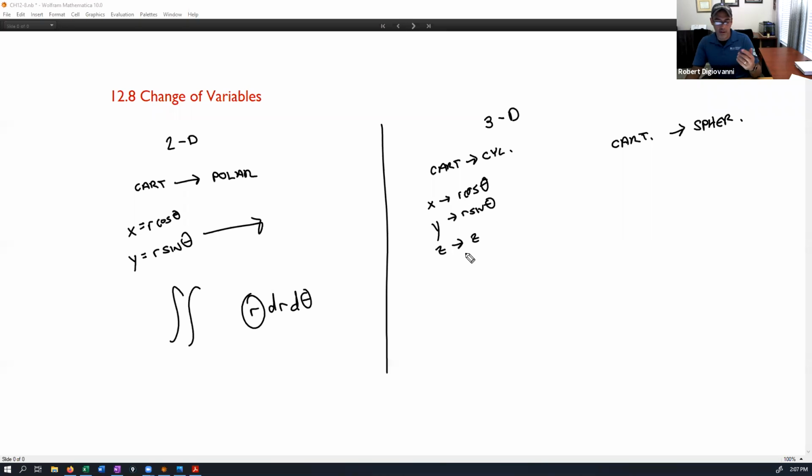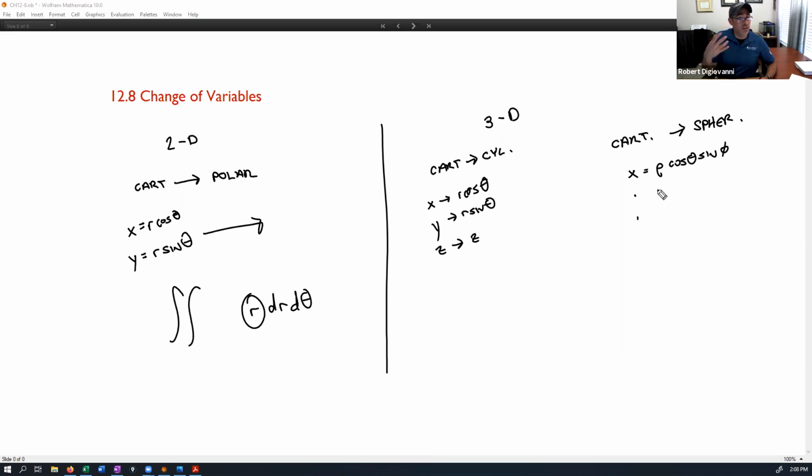But again, x and y changed to something with r and theta, and then the z stayed the same. But in the Cartesian to spherical, we just decided to replace x with rho cosine theta sine phi, and the other two similarly. It's just changing variables. That's all it is.